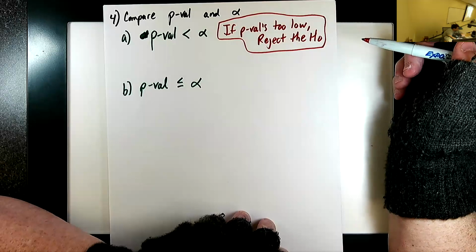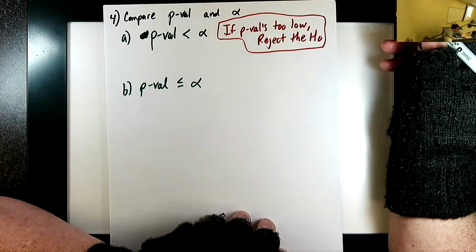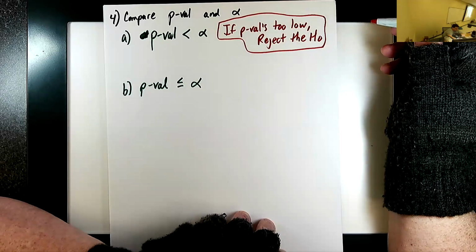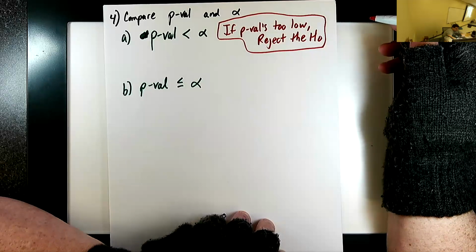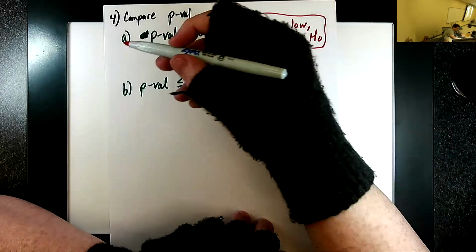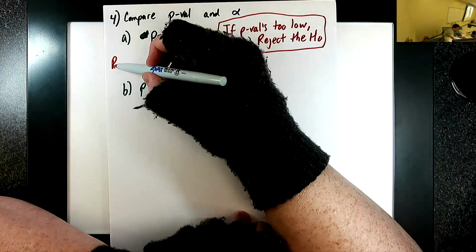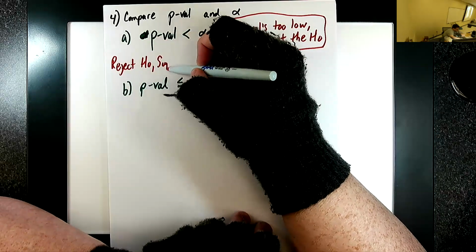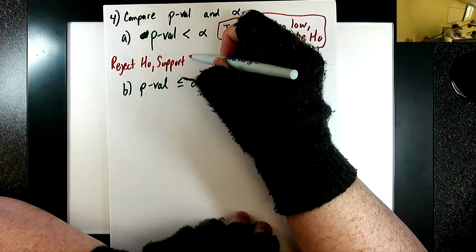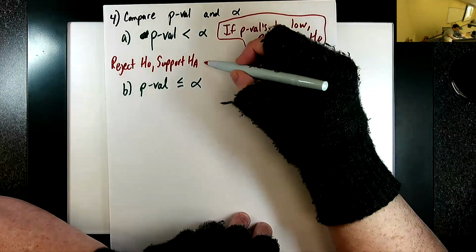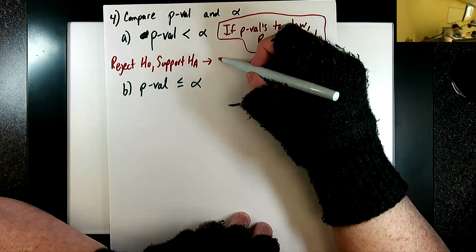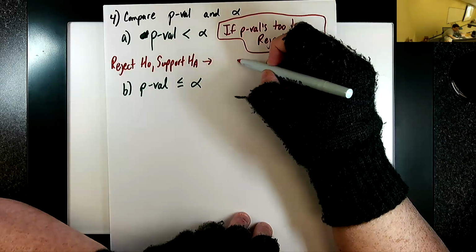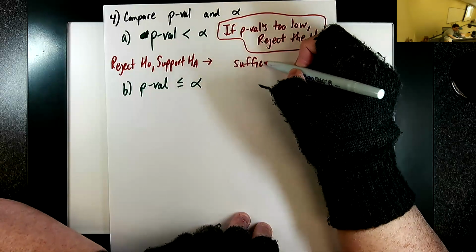It's really H naught, or null, but it looks like hoe. So what this means is we will reject H naught, reject the null hypothesis. We will support the alternate hypothesis. And that's going to lead to sufficient evidence for step 5.